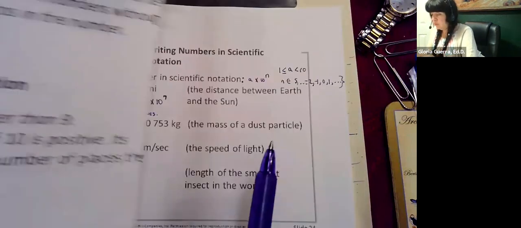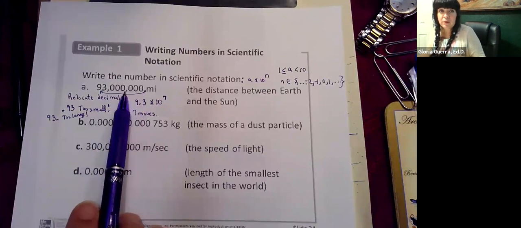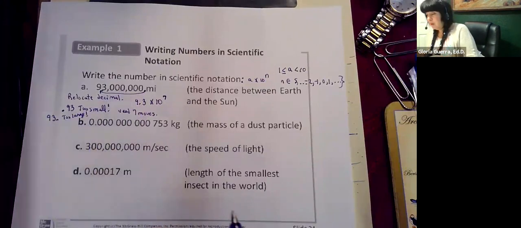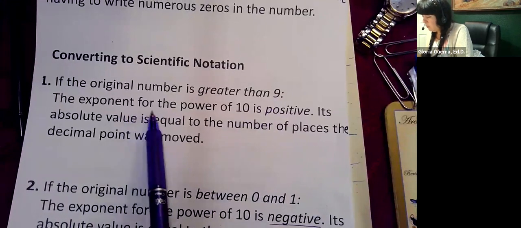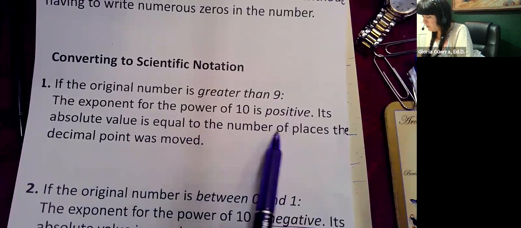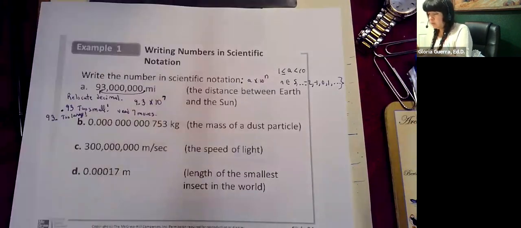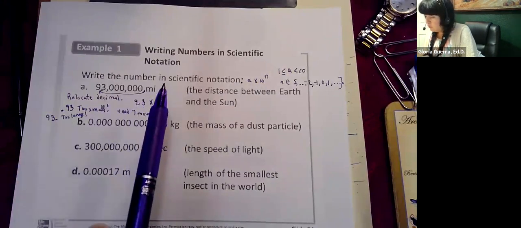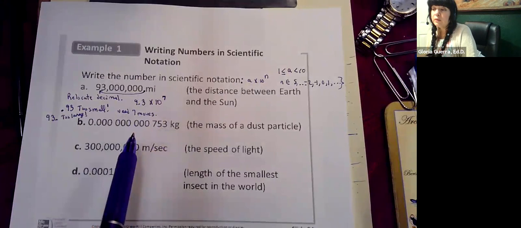This is the original number, and it's way bigger than 9, 93 million. The exponent for the power of 10 is positive. Its absolute value is equal to the number of places the decimal point was moved. So it was moved 7 times.